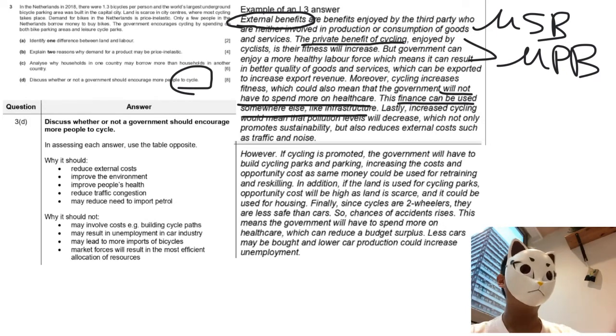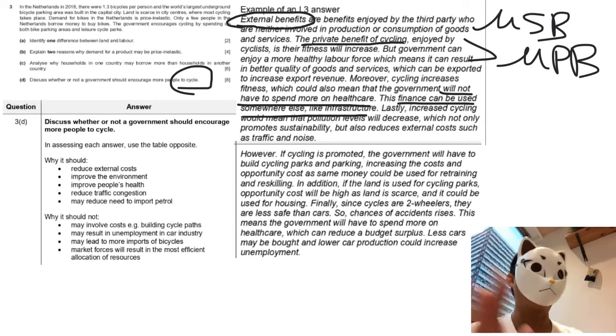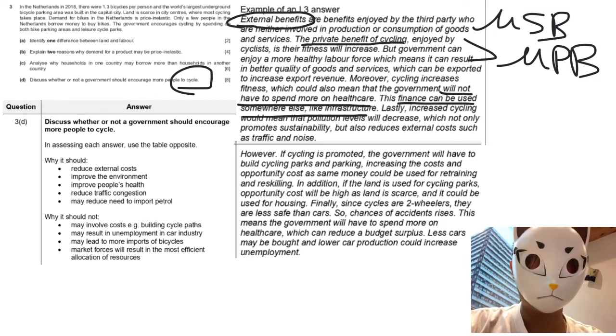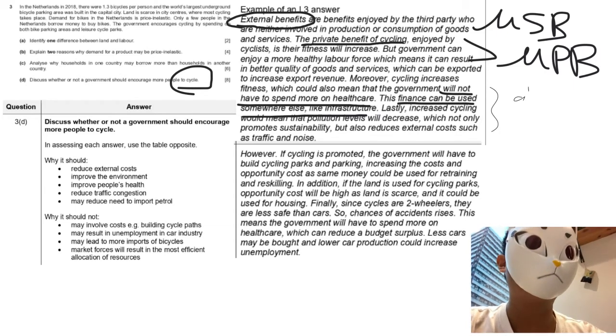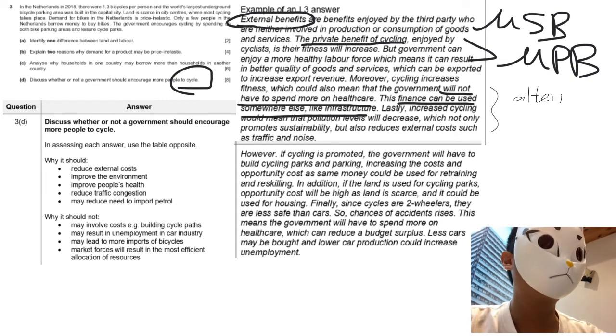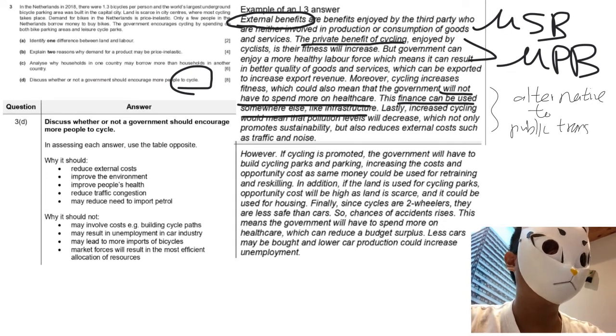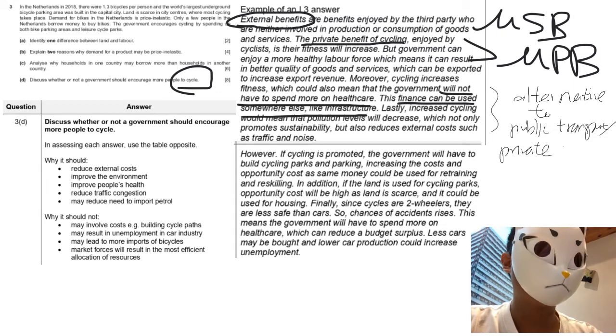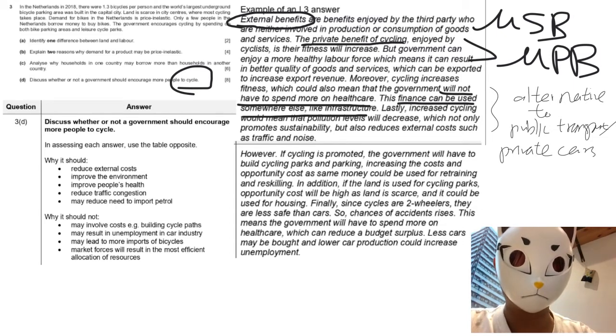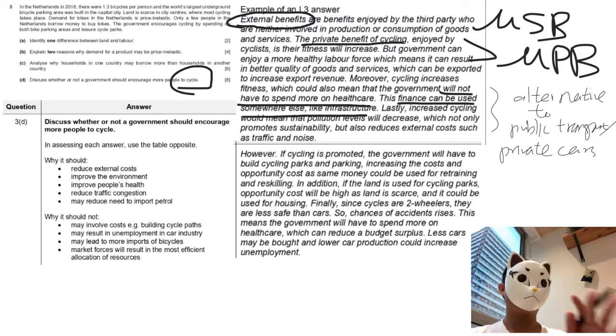And also there are other benefits. Cycling serves as an alternative to public transport, and also to your private car. So it might reduce pollution. These are all external benefits.